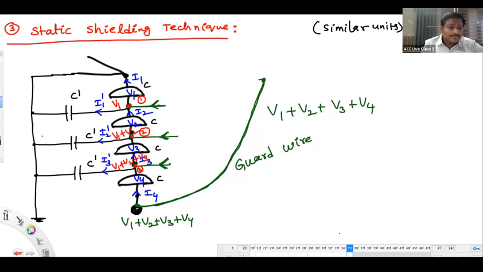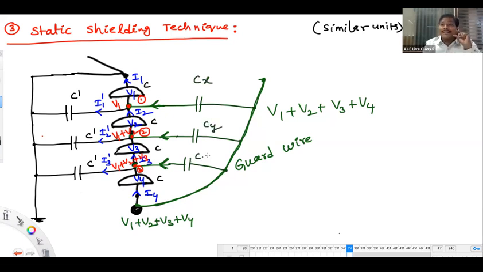So I will be showing capacitances formed in this manner. These capacitances, let me call Cx, Cy, Cz. These are going to be called static capacitances, formed between the guard wire and the metal links in the string.